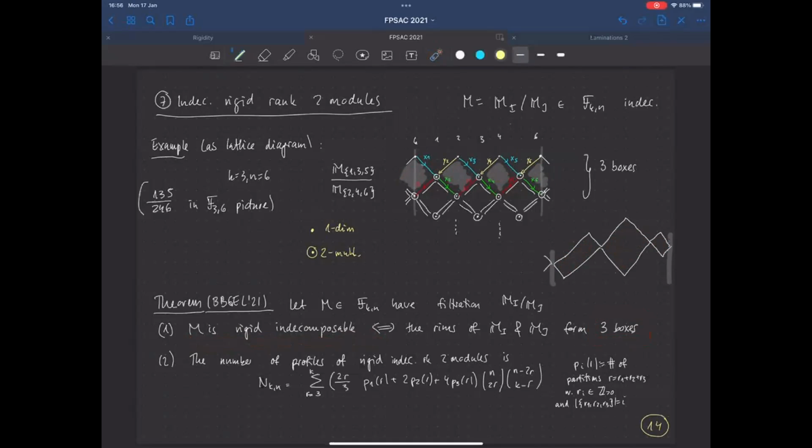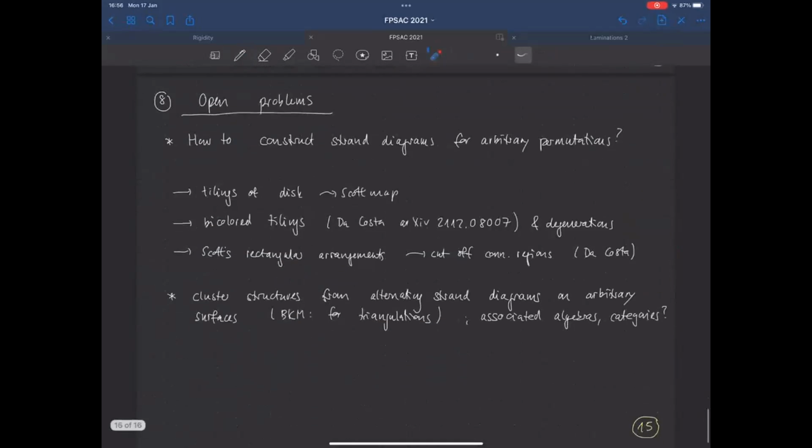So they're not allowed to do something like this in between 2 meeting points. That would be a quasi-box. So a box means rectangular. And then once we reduce the rigidity or the counting to having boxes, we can start counting how many such modules we have. And that gives us the formula below. And I think I'm running out of time.